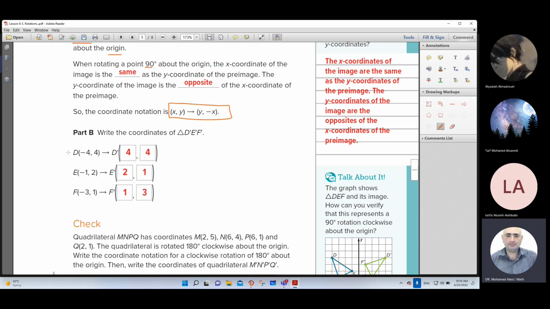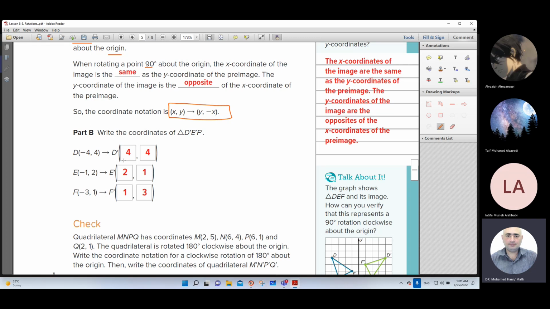So as you see here, write the coordinates of triangle D prime, E prime, and F prime. And we have D negative 4, 4. The rule said take the y, put it in the x, 4. Then take the opposite of x, put it in the y. The opposite of negative 4 will be 4. So we will get 4, 4. And here, E negative 1, 2.